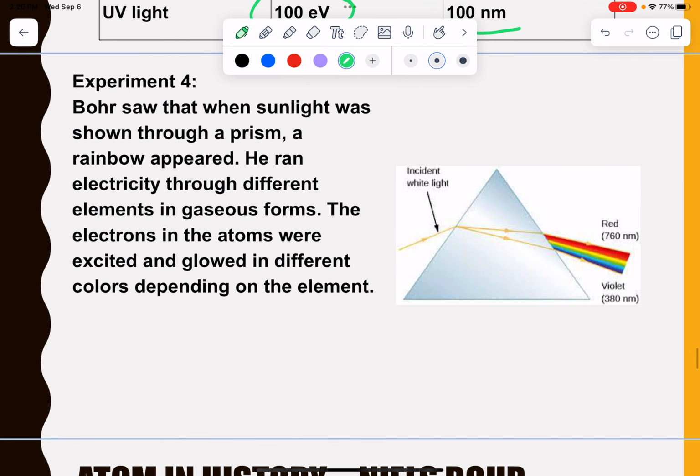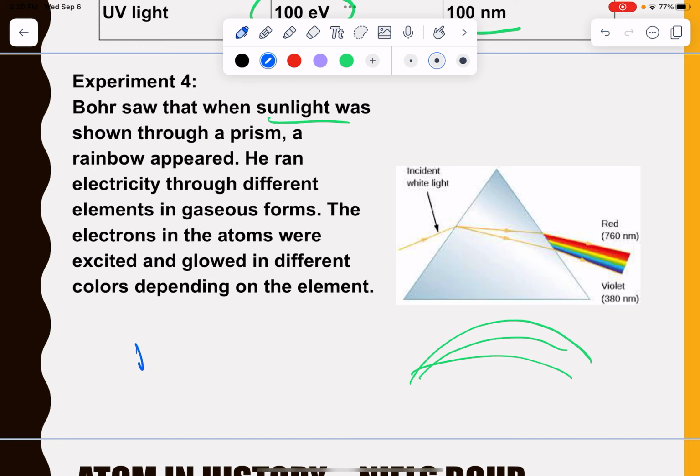And for his last experiment, what Bohr did was something you've probably seen before, where he took light and refracted it through a prism. So when you take something like sunlight through a prism, it breaks up the white light from the sun into all of its parts. So you get all the full colors, the nice rainbow. However, he did the same thing with certain gaseous atoms.